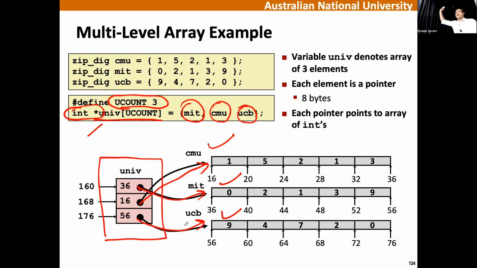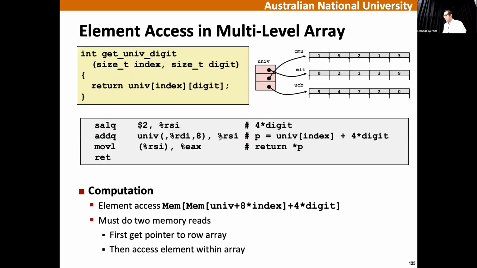Does this look like a 2-dimensional array? Kind of. It has some interesting properties, but you can say univ[i][j] to grab a specific value in the CMU, UCB, or MIT array. But there is a subtle difference.